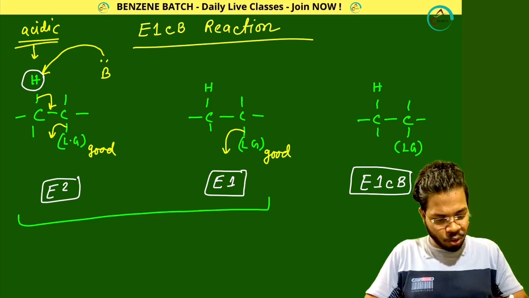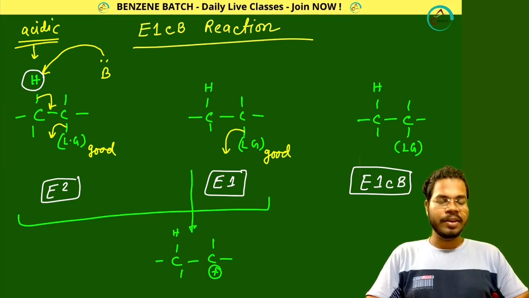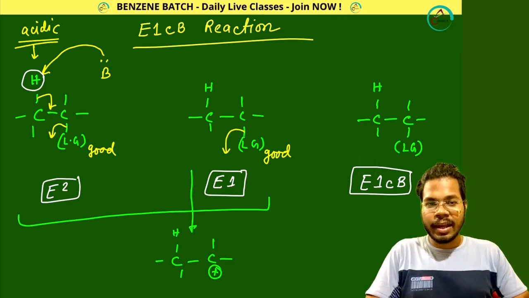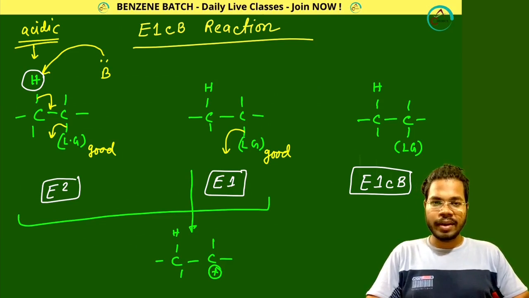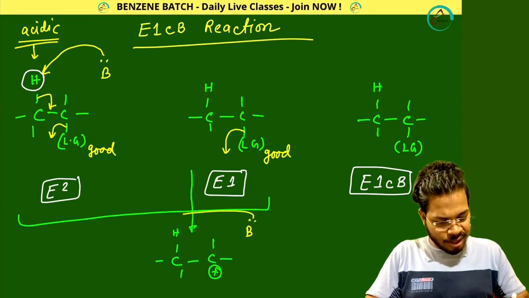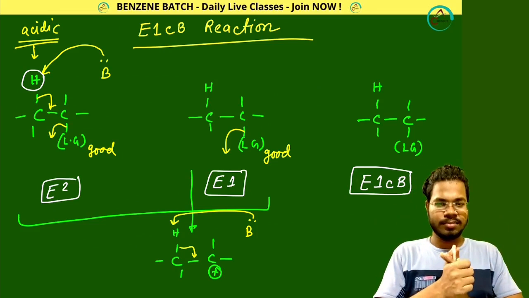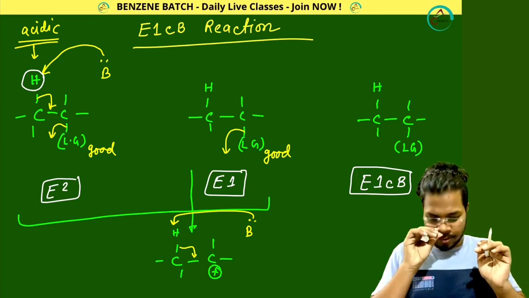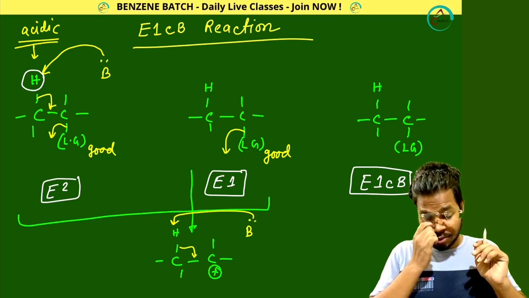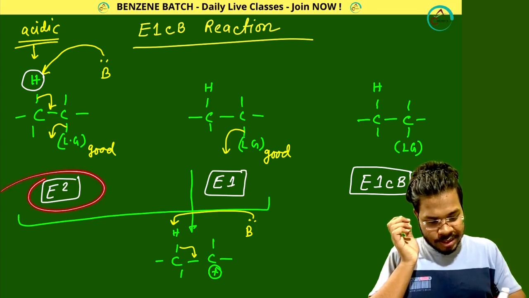Once it leaves, you get a carbocation. In the next step, the base comes and again eats up this hydrogen and gives the double bonded alkene product. So you understood this one also. Perfect. So this is my E2, and this is my E1.